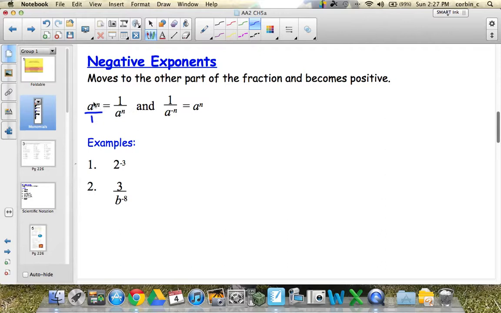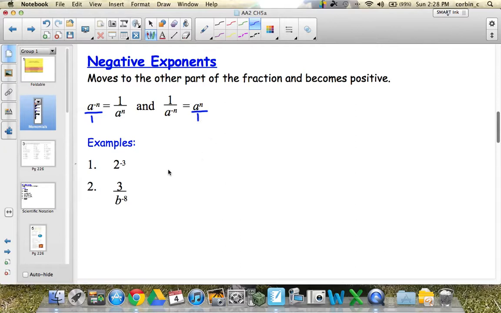To turn that negative exponent into positive, I have to move it to the bottom of the fraction. Likewise, 1 over a to the negative n, since it's already in the bottom of a fraction, to turn it positive, I will move it to the top of the fraction. But we don't have to write either of these ones. It's just showing how they relate to fractions.